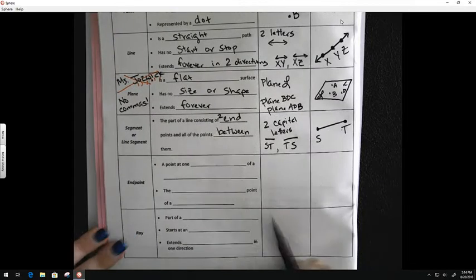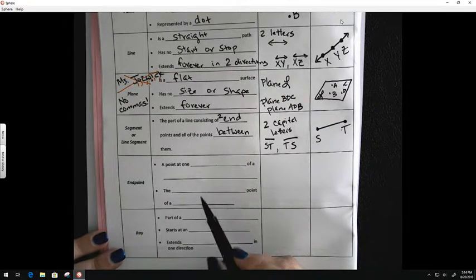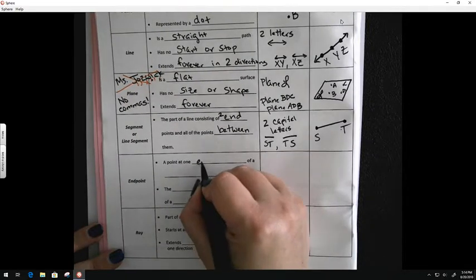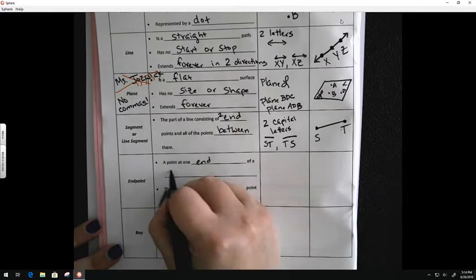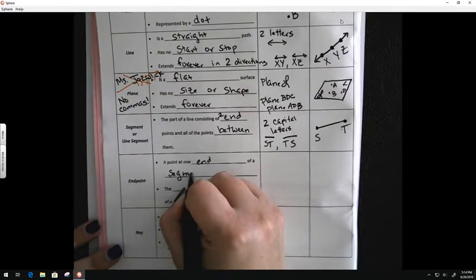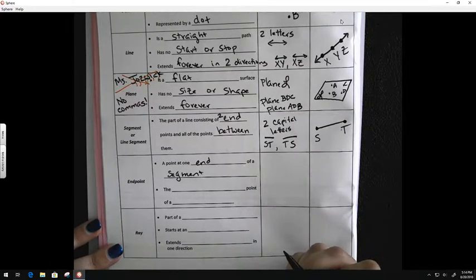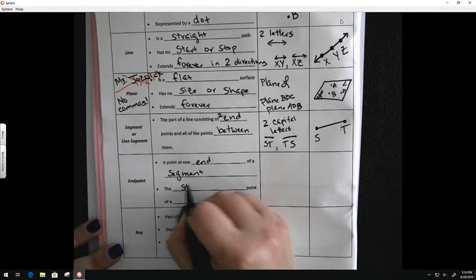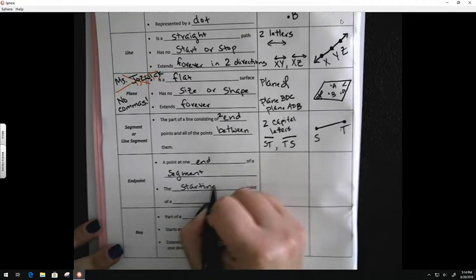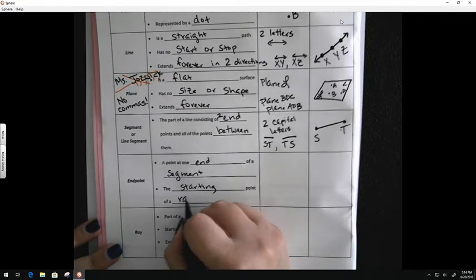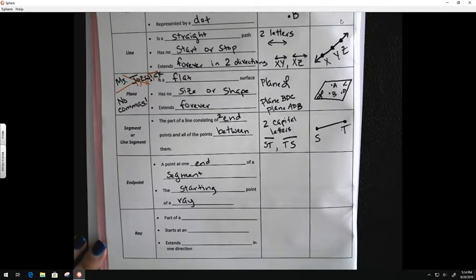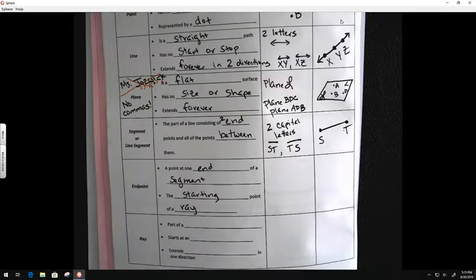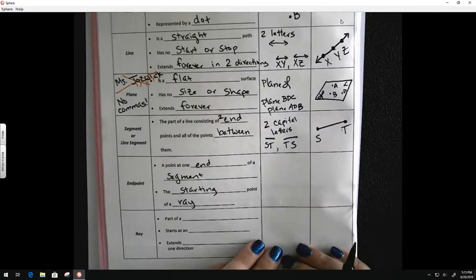An endpoint is a point at one end of a segment. And it's also the starting point of a ray. So we talked about that a lot in class on Monday. All right, we were like, end point, starting point, what? So it can be either one.